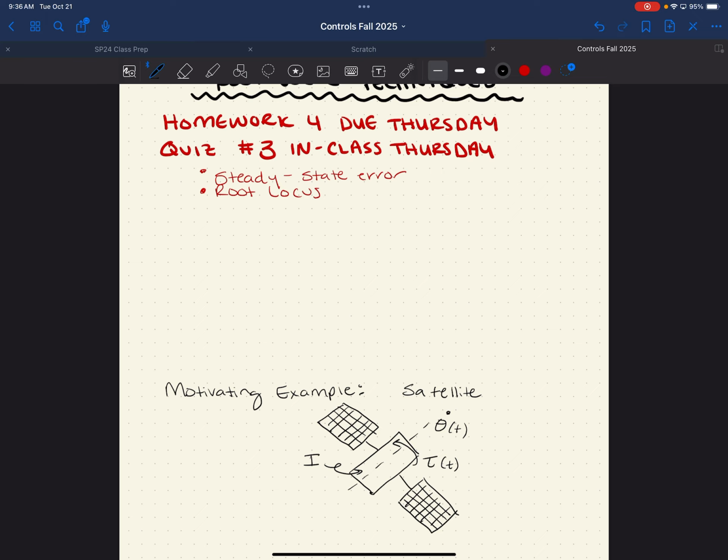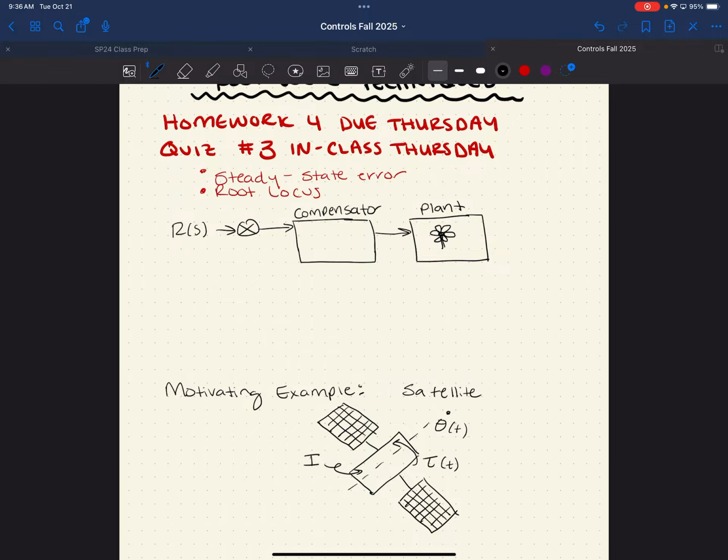Alrighty. So, for today's discussion, let's recall our unity feedback system. So we'll draw what that looks like. We've drawn this system over and over again, so hopefully you're getting familiar with a unity feedback system. We're going to talk about a controller or a compensator and a plant.